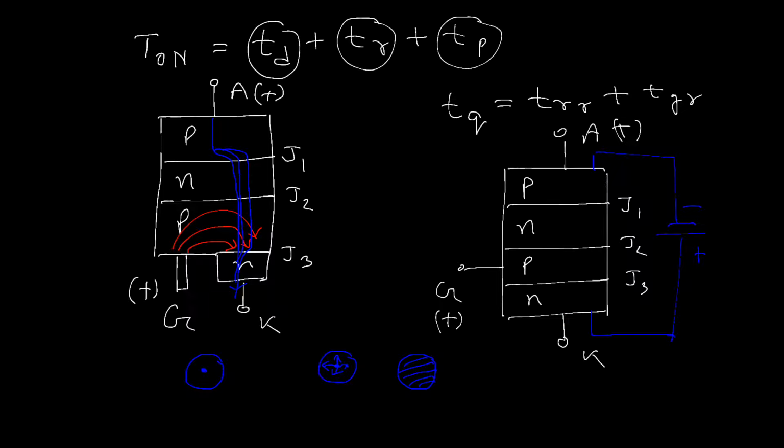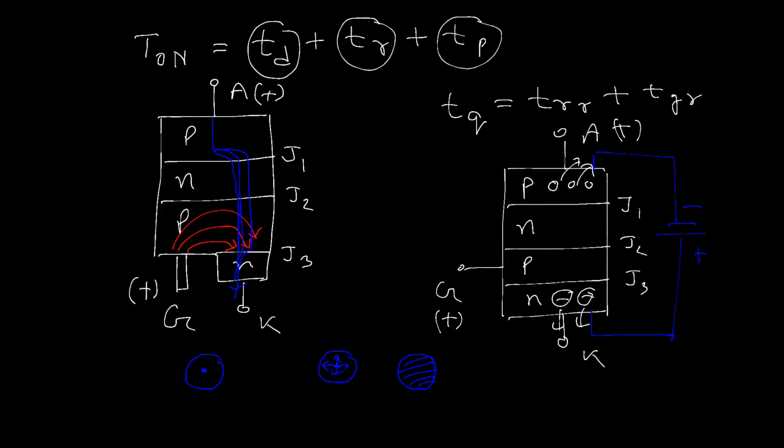In the upper p region, where the majority carriers are holes, they are attracted by the negative anode terminal. That means a certain amount of charge is swept out from the upper p region as well as the lower n region in this way.